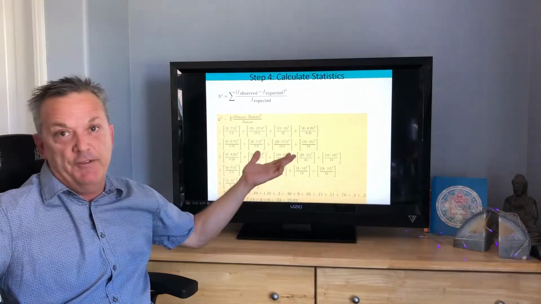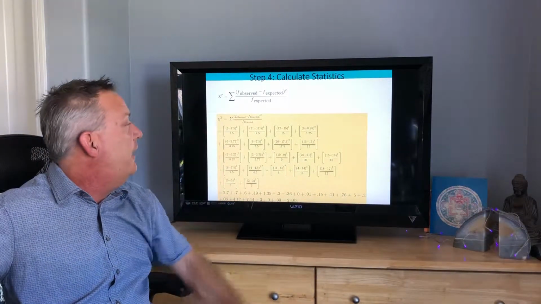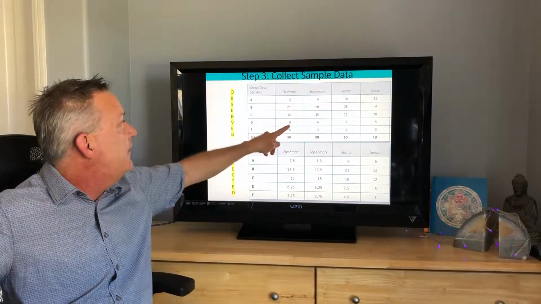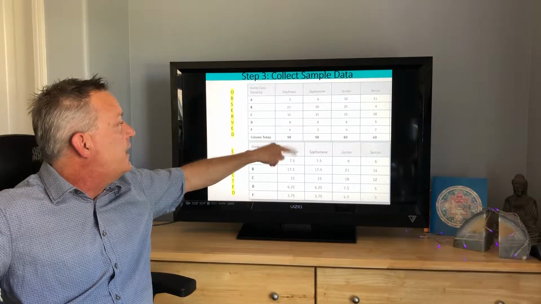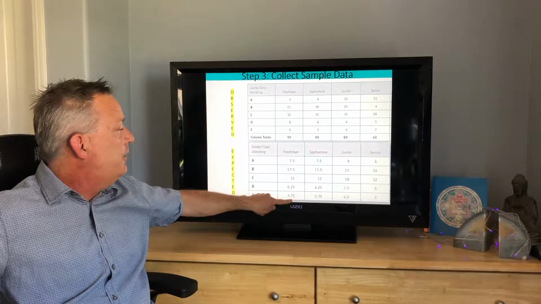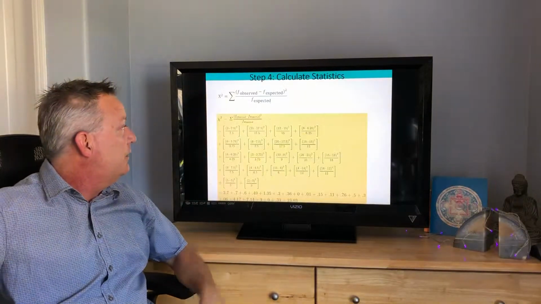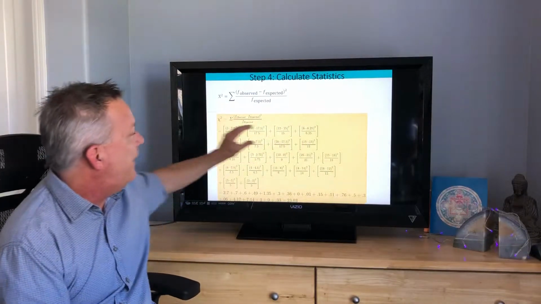Oh, yeah, 12 minus 15 squared, so the book's not wrong. Woo-hoo. And then 8 minus 6.25, that's the D. And then 6 minus 3.75, notice again, observed versus expected. So you really plug in all of those values right there.